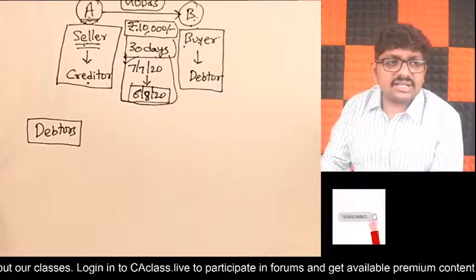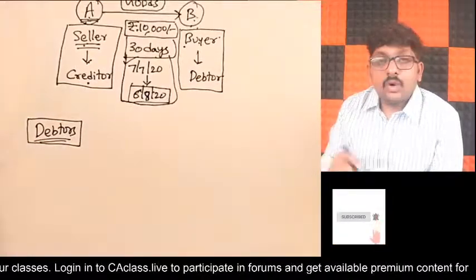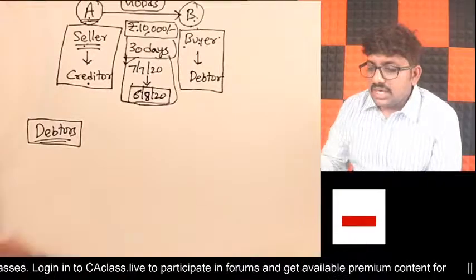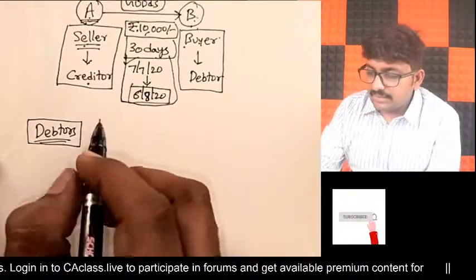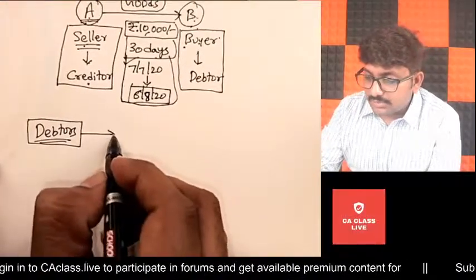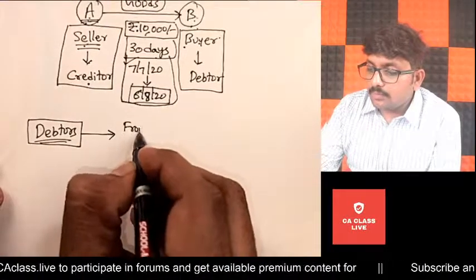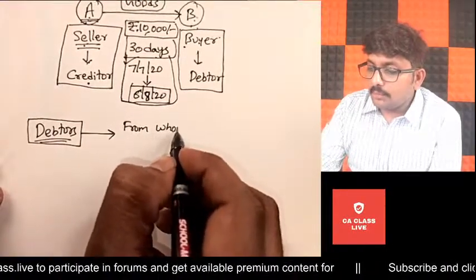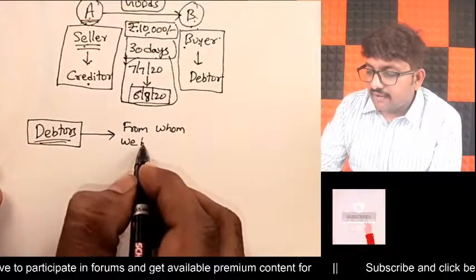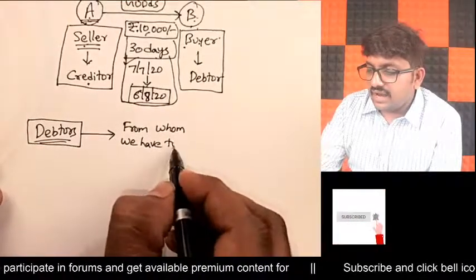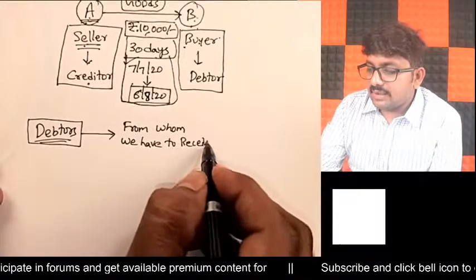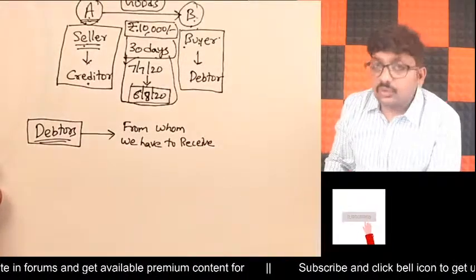Let us say, friends, now debtors. Who are debtors, friends? So who is my debtor? Very simple. Debtors are those people from whom we have to receive money.